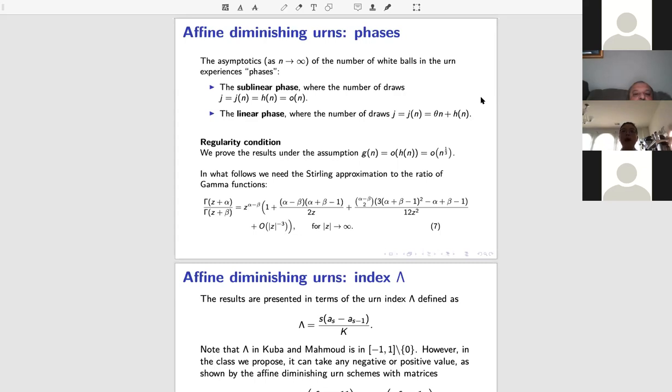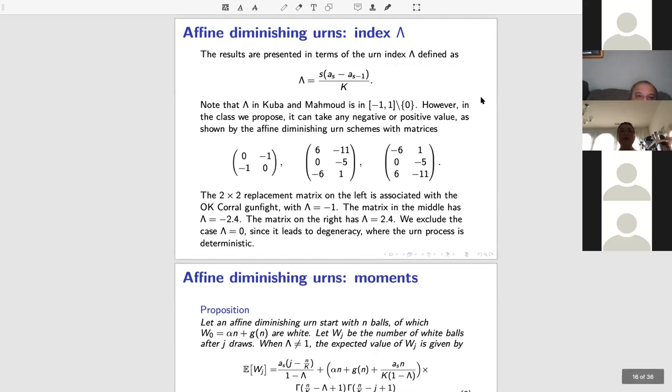So in the asymptotic analysis, we rely heavily on the Stirling approximation to the ratio of gamma functions, which is given by equation 7. And for our analysis of affine diminishing Ergs, we present the results in terms of this capital lambda function, which we call the Erg index.